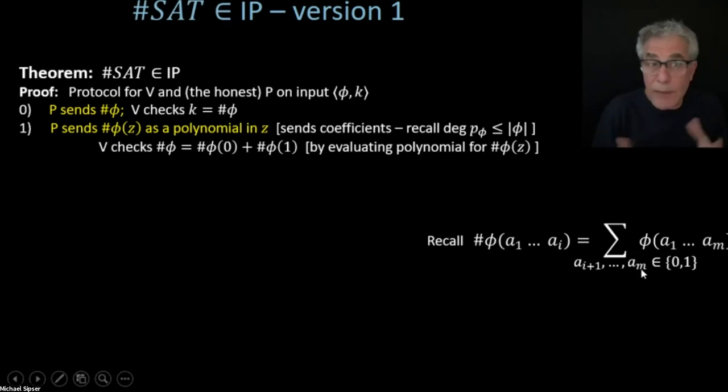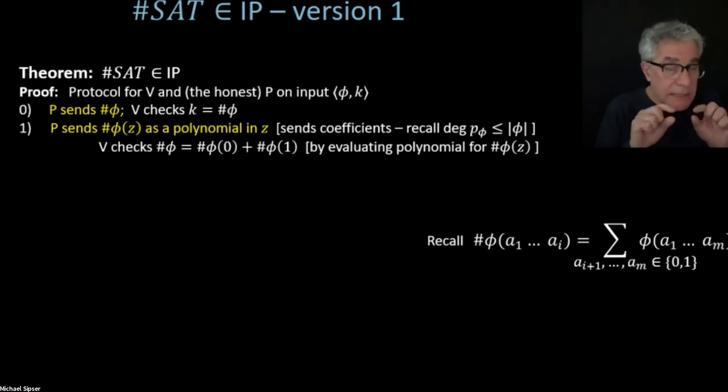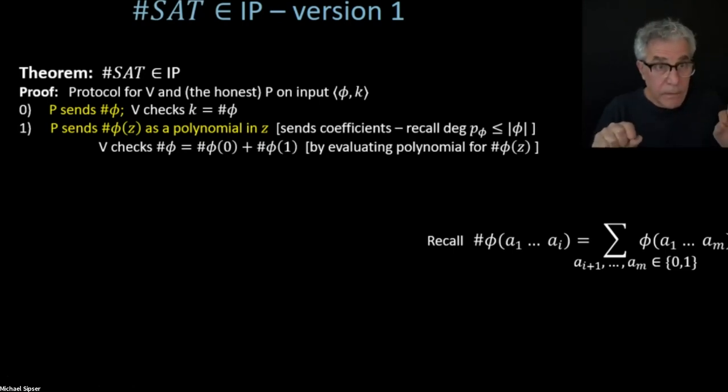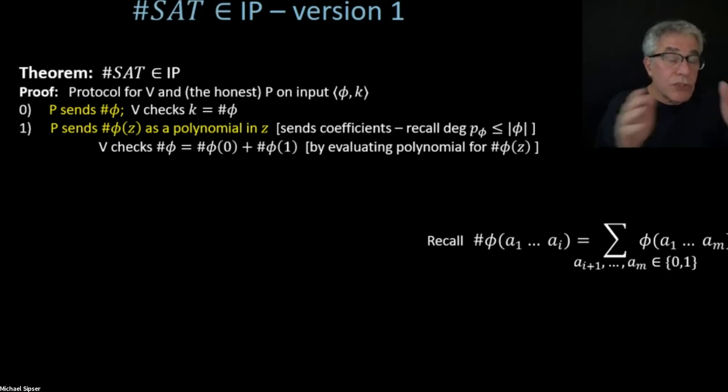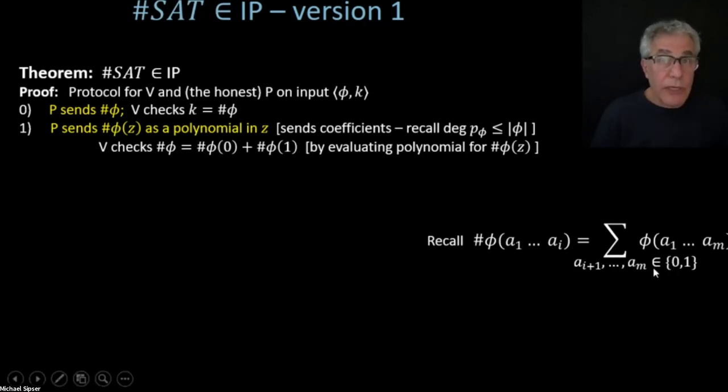So I just get a polynomial in Z. The other variables now get assigned and added up over the various Boolean assignments. And now I get some polynomial. So I get some expression in Z. That's just going to be a single variable polynomial. Whose degree is going to be at most the degree of number phi. So its degree is not going to be too big.